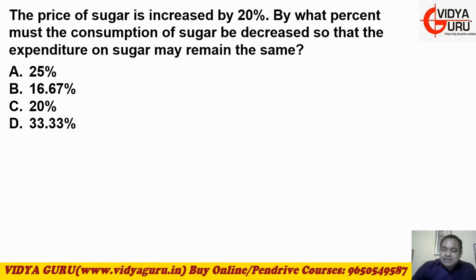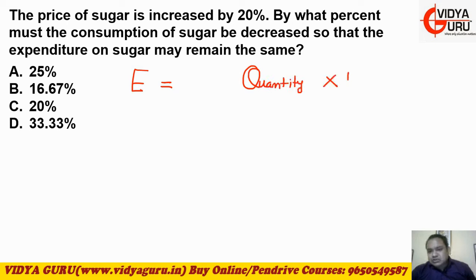Now this is again a very common pattern of questions. The price of sugar is increased by 20%. By what percent must the consumption of sugar be decreased so that expenditure on sugar may remain the same? Please understand something. Expenditure means the total money that you spend on something. So expenditure depends on two things: how much quantity you are buying, and the unit price of that quantity.